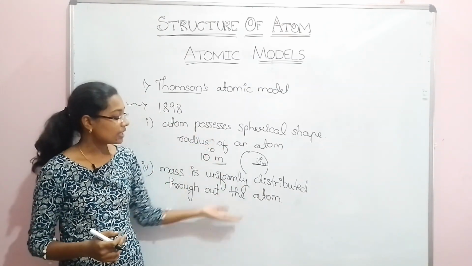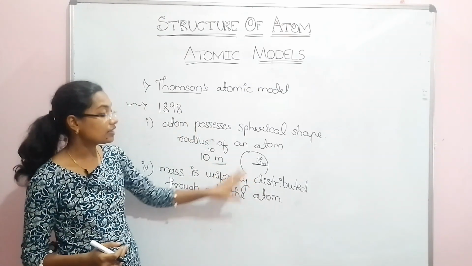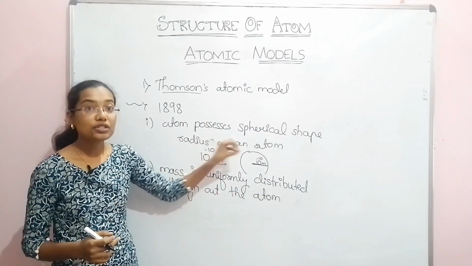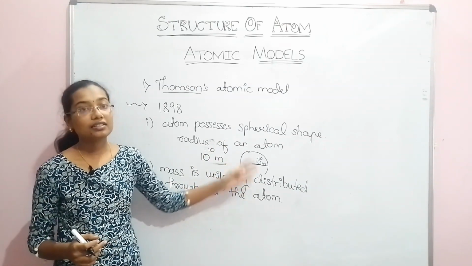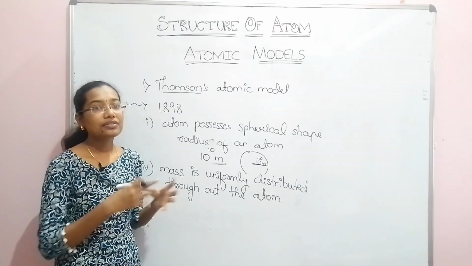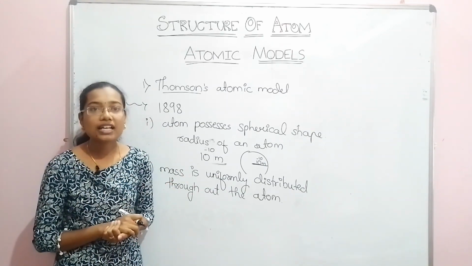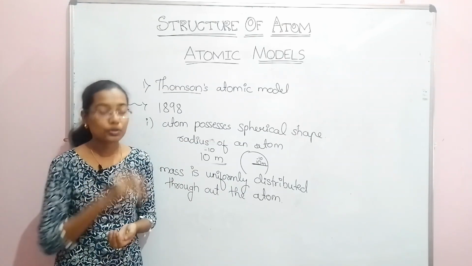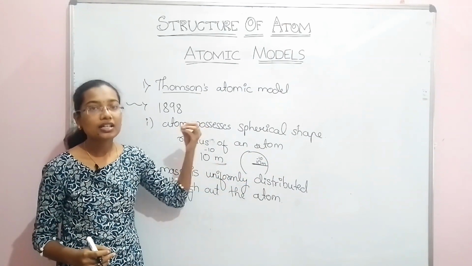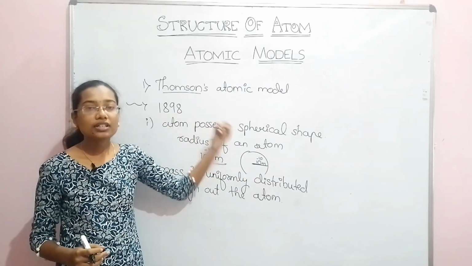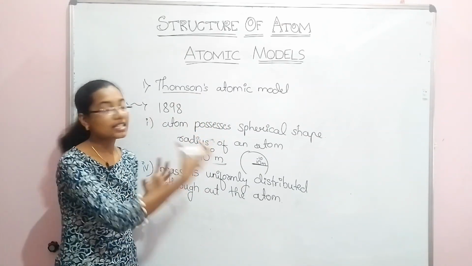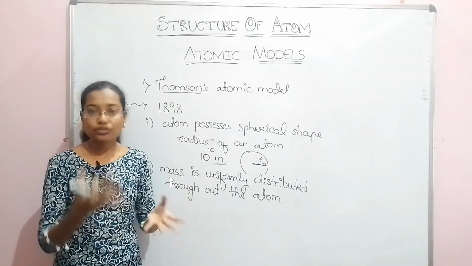Though he explained some properties, and he told that the atom possesses a spherical shape, and he told about the distribution of charges like electrons and the positive charge, still it is not accepted, because he didn't give the exact path of electrons and protons, and he never discussed the neutrons, because neutrons were not yet discovered in 1898.